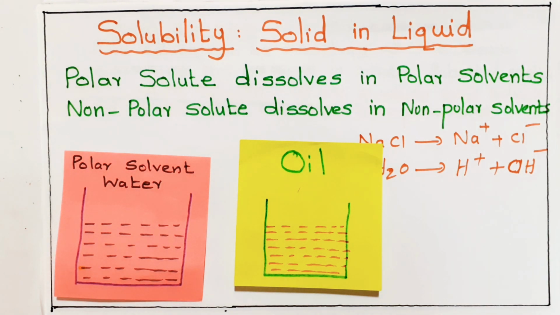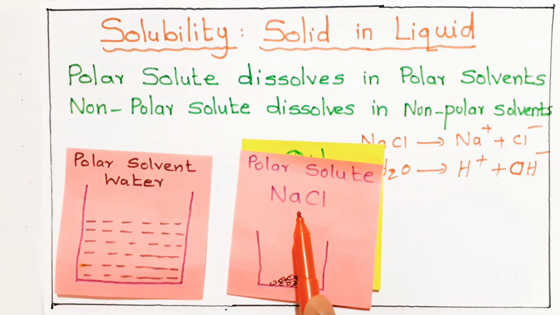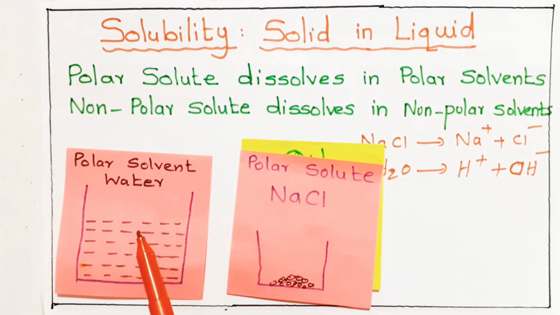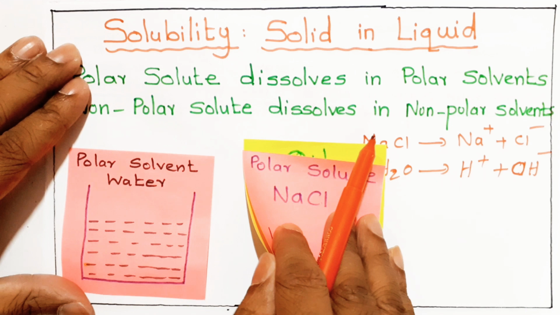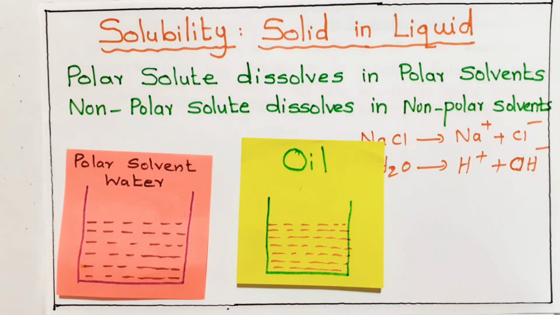From this, we can come to the conclusion that some solutes like sodium chloride got dissolved into water, but at the same time some other solutes like oil did not get dissolved in water.